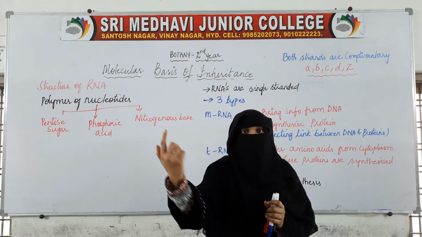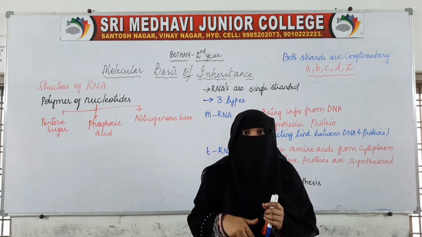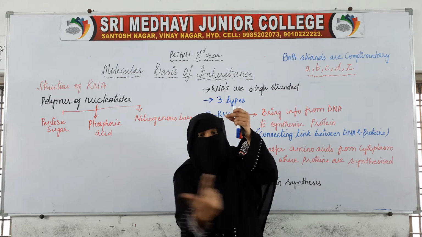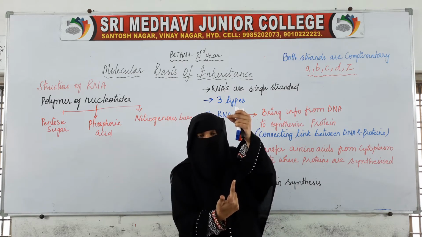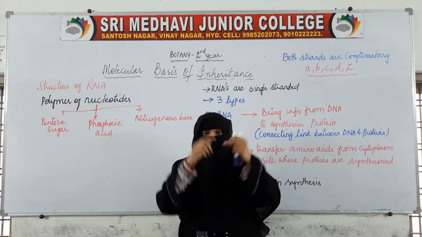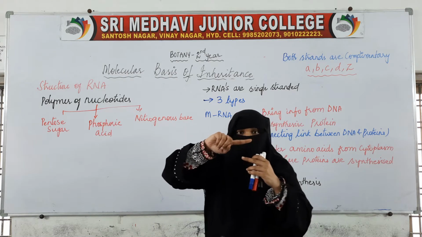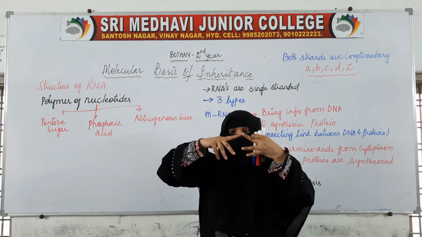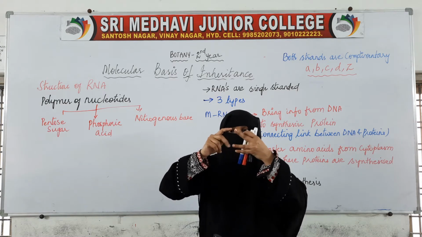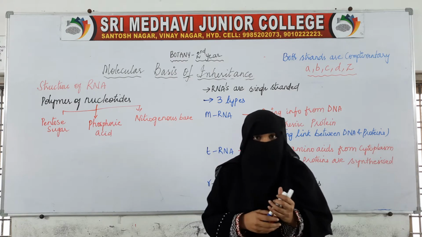Here, when the strand takes a turn, the distance from when it starts until it completes one turn, till it comes back here, is 34 angstroms. In between two base pairs, if this is the first base pair, A-T, then the next will be G-C, and the space in between is 3.4 angstroms.